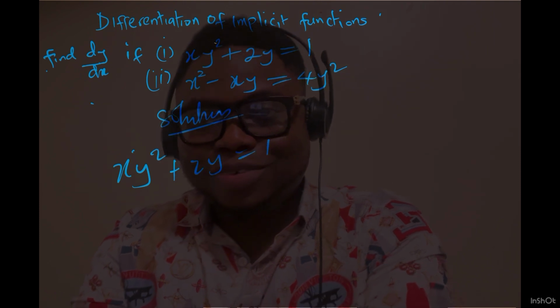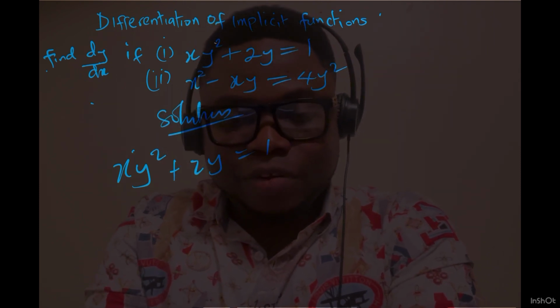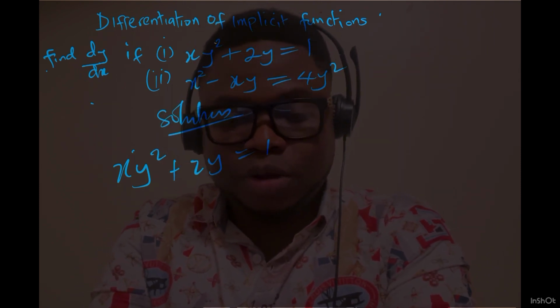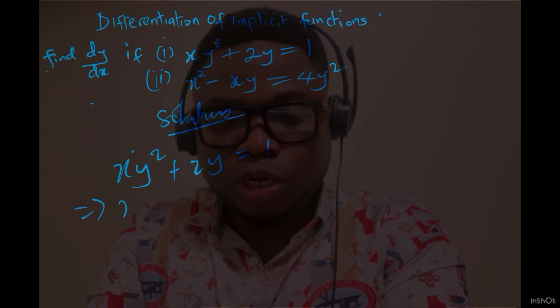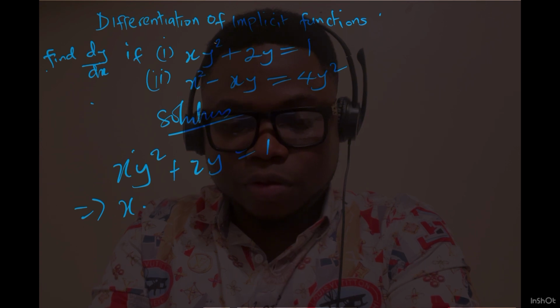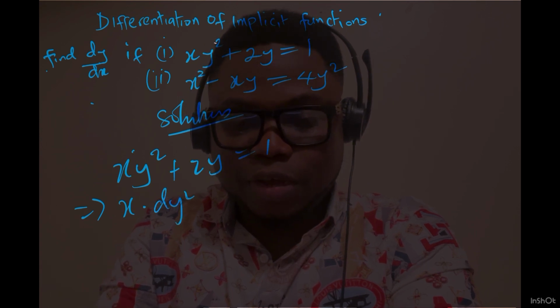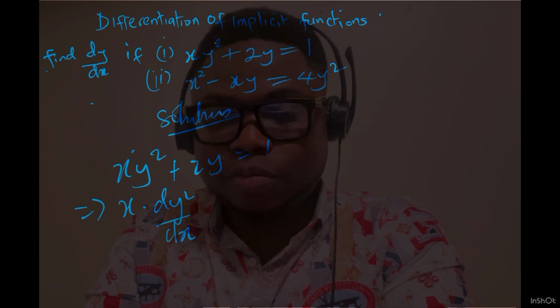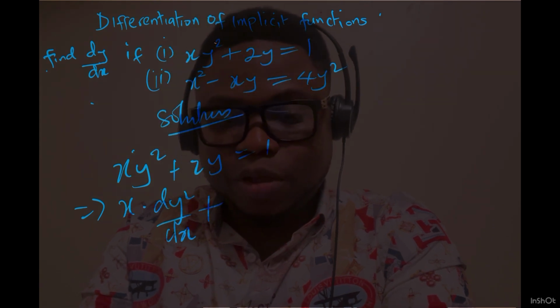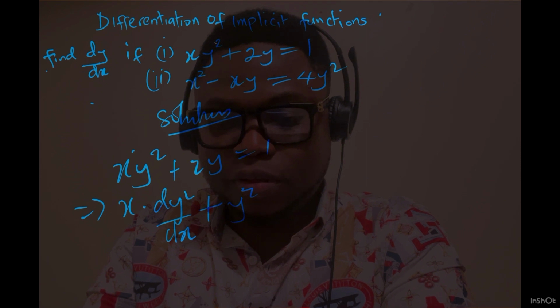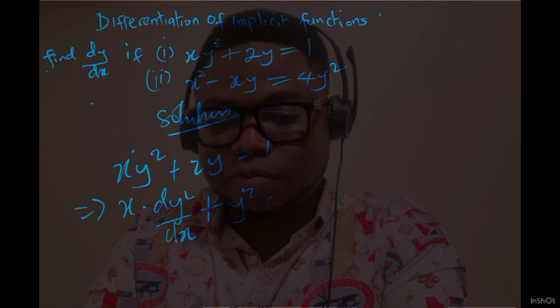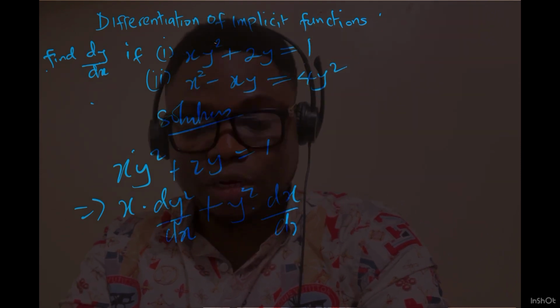So applying chain rule here, in the first one, which is xy squared, I'm going to keep x here and differentiate y squared, d(y squared) over dx, then plus, I'm going to keep y squared and differentiate x, d(x) over dx. That's how to apply chain rule.